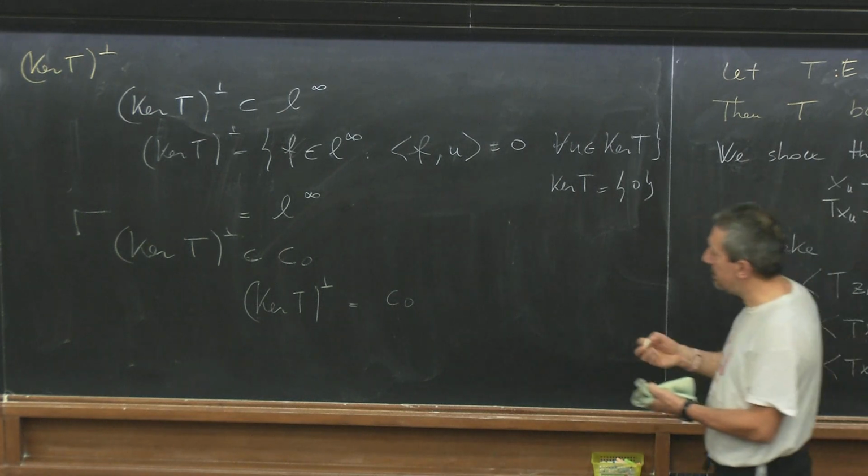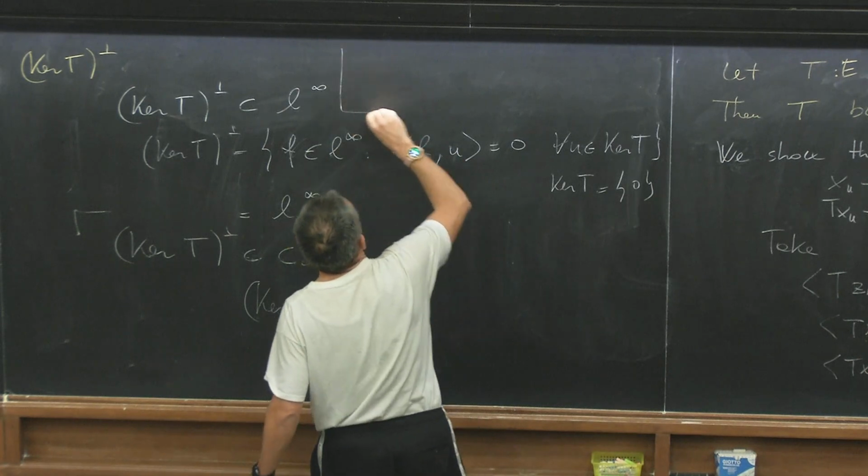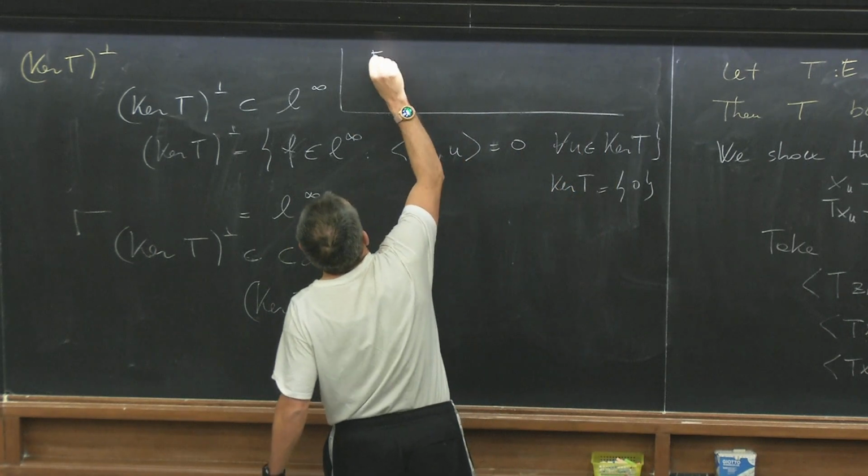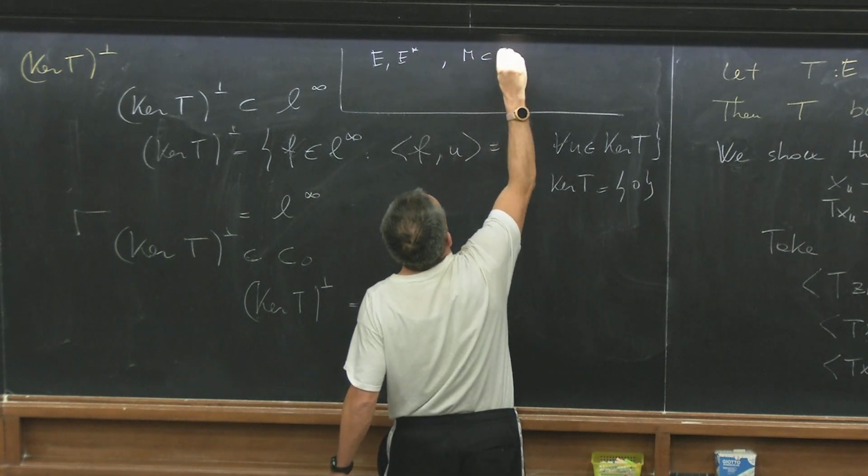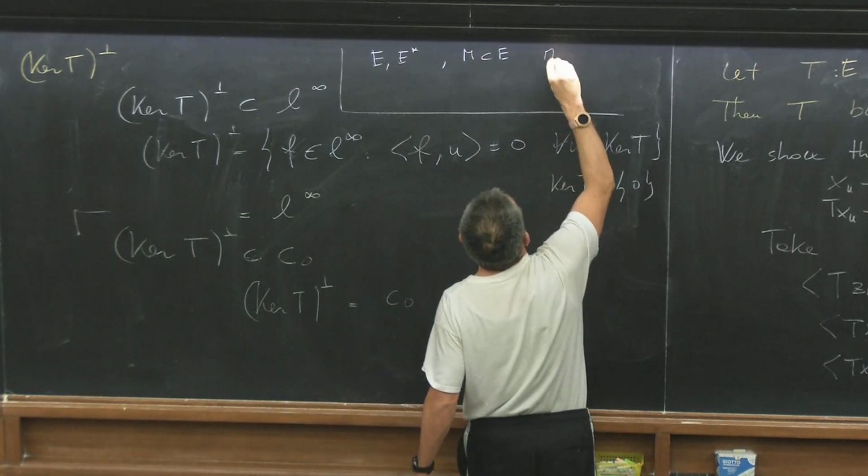So let me say, maybe you're confused: you have E and E star, and I have M a subset of E, a linear subspace, or even a subset.